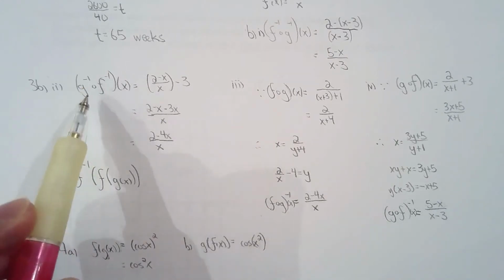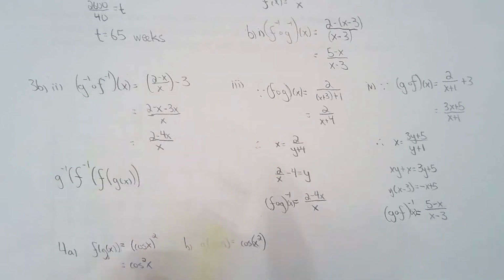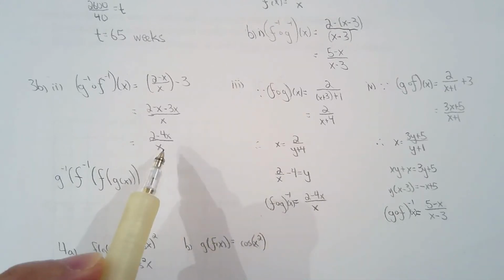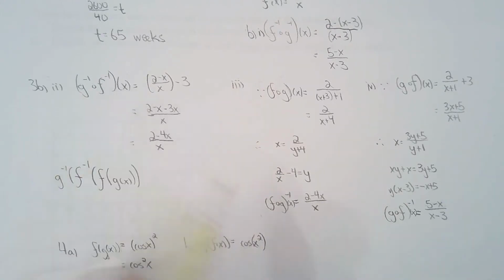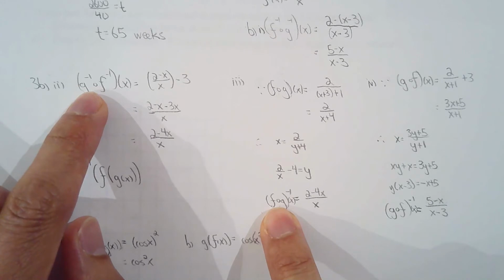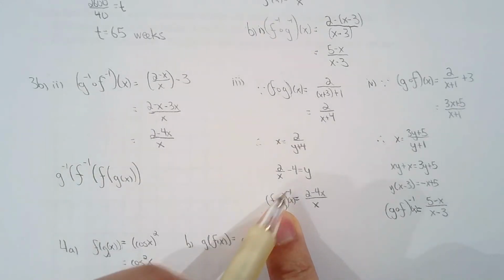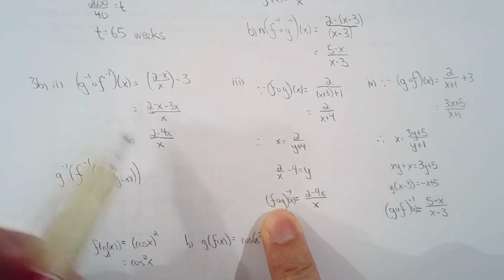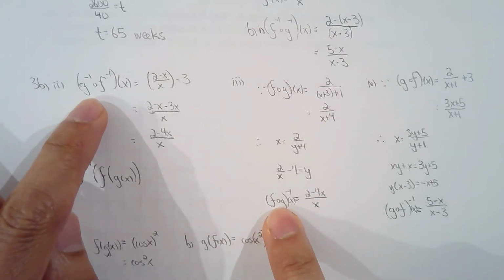Because if I can prove that these two are inverses, then it makes sense that they are the same. Because if these two are inverses, when I take the inverse of f circle g, of course, they're the same. Okay, so my goal is to prove that these two are inverses. Once I've successfully proven that these two are inverses, it makes sense that when I take the inverse of this function, I will get this function.